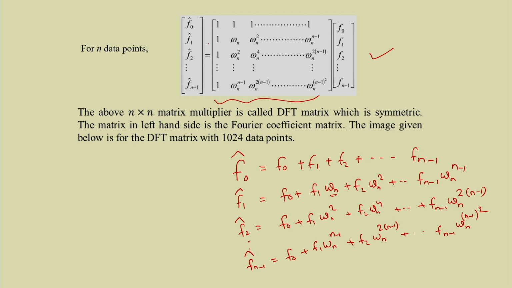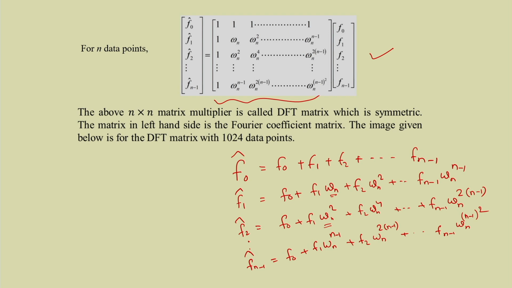So, in the first column itself everywhere you will have the 1, and in the second column, for the third row it will be omega n square, then the square of this, omega n fourth, then omega n square into n minus 1. So, this way you can construct this matrix, which is known as the DFT matrix.